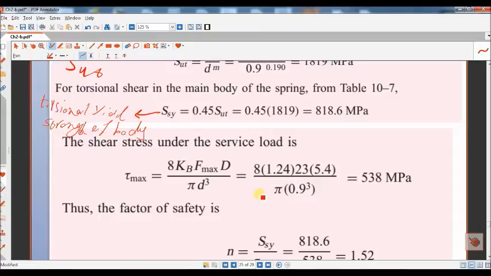Now I have to find the shear stress in the body. So the equation is exactly what we had in the compression spring, and earlier in part A we found Kb. So I will substitute Kb into this equation and we are going to find the safety factor under the 23 Newton load. So the shear stress under this 23 Newton load in the body of the spring is 538 megapascal.